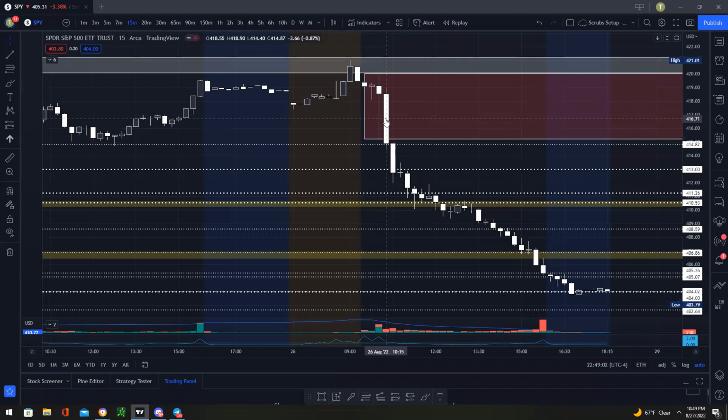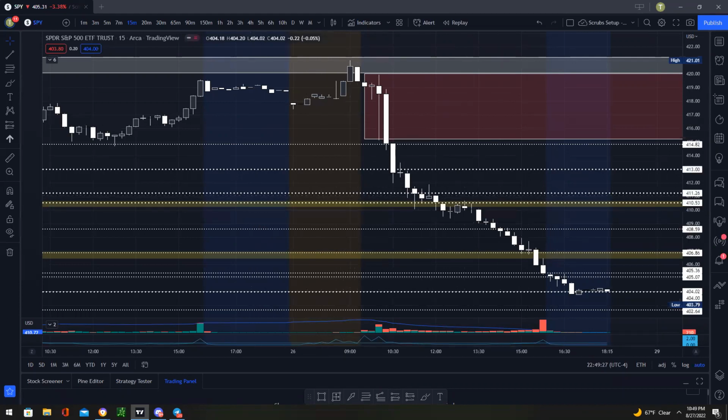A lot of people see a red candle if they're in a call position, and they basically freak out, right? Whereas now I don't know what's red, I don't know what's green. All I know is the candle formation.